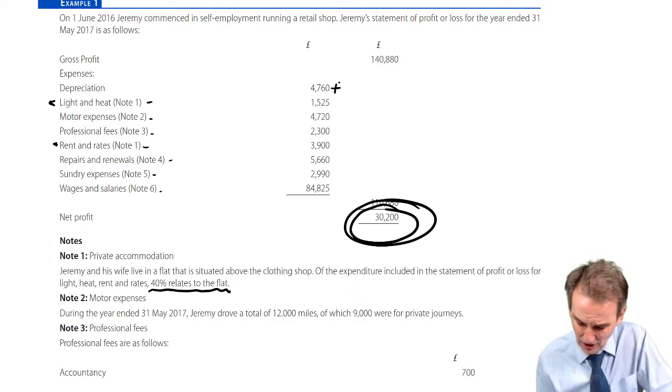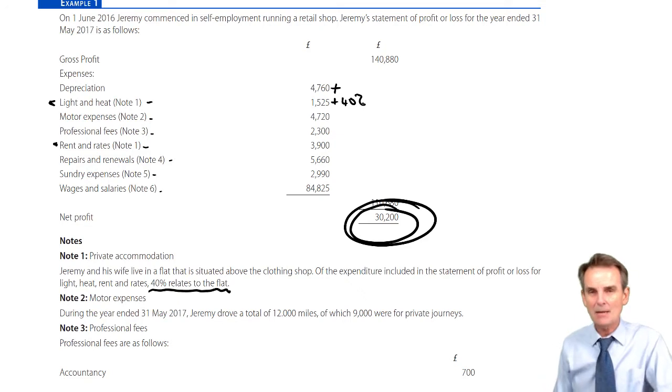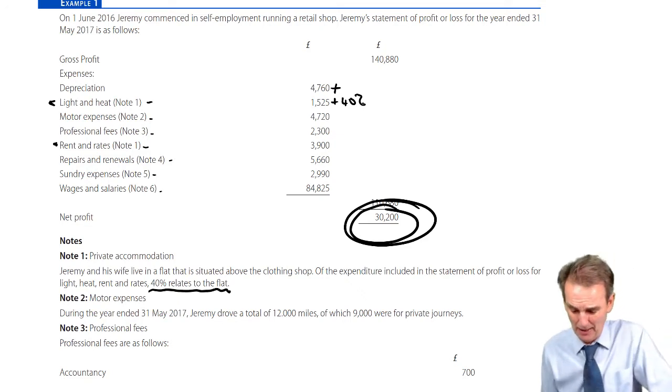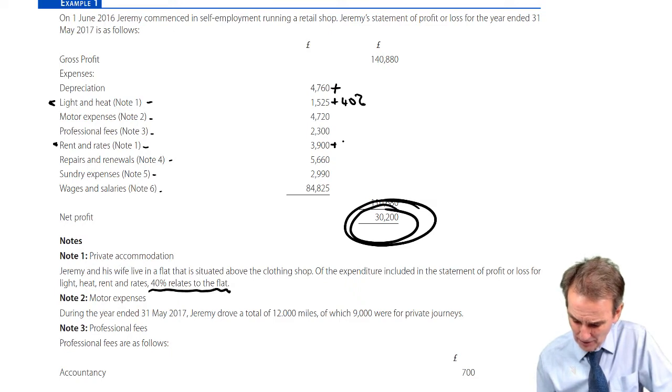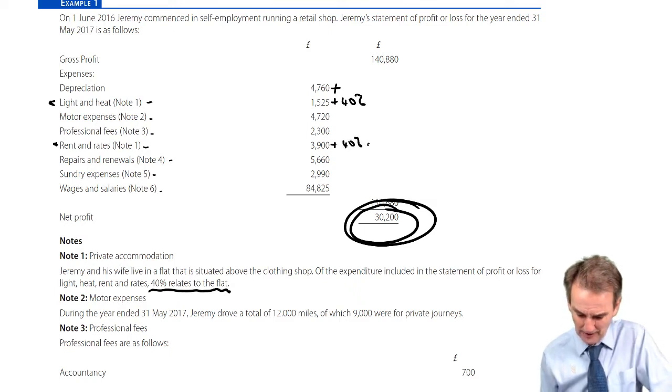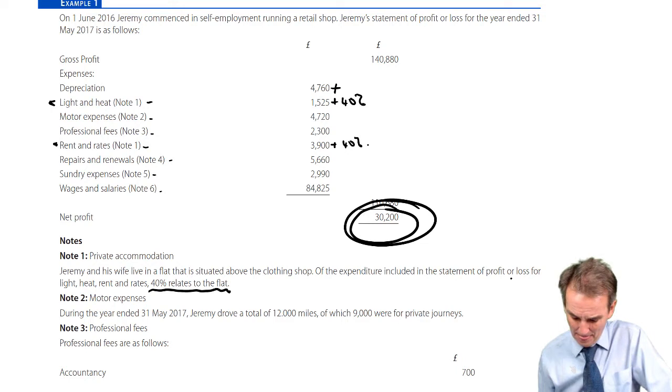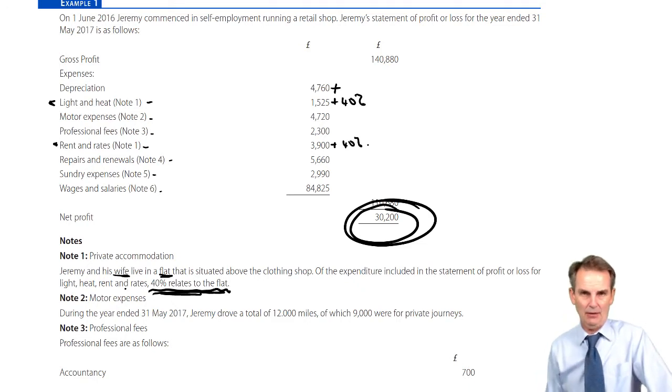So back to that item on your statement of profit or loss, plus 40%. We're going to have to add back the private use expenditure. Also applicable on rent and rates, plus 40%. Now, we're told there 40% relates to the flat. The flat is the private bit, that's the disallowed bit.